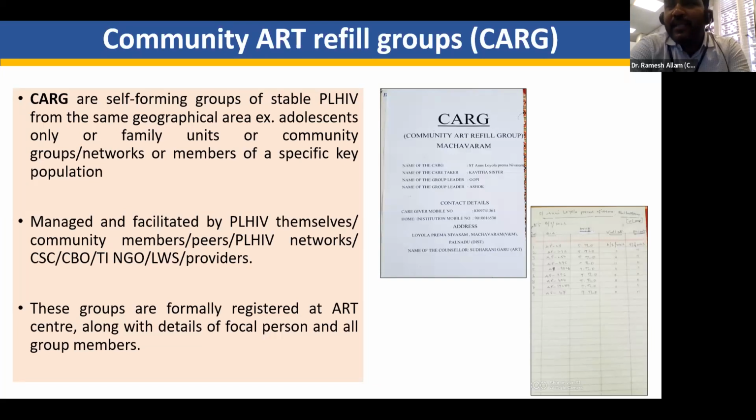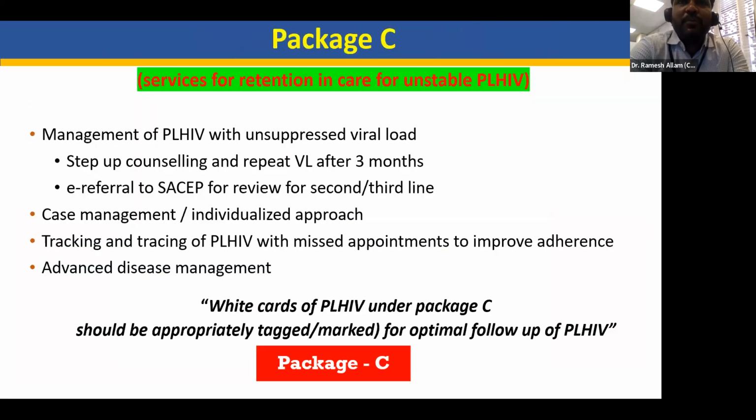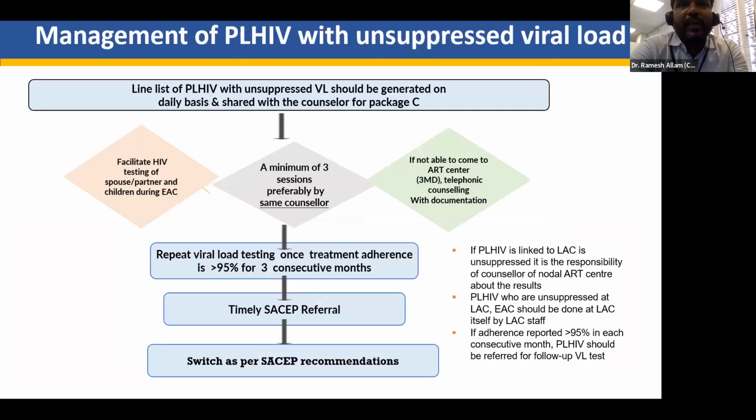This example is taken from Andhra Pradesh state, wherein they were able to link up with CSOs, CBOs, TANGOs, and give those patients care at that particular center itself. I'll not go deep into this. And package C is for patients who are unsuppressed or who are not stable. They should be given step-up counseling, case management, or individual care should be provided, because you do not want these patients to slip out of the care.